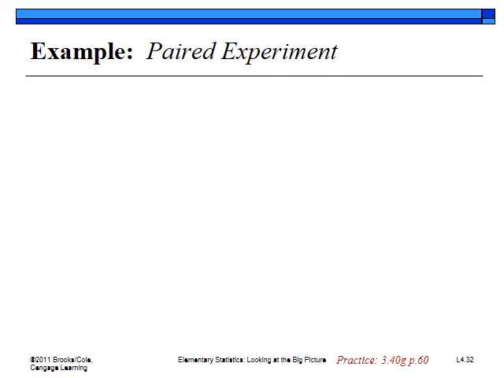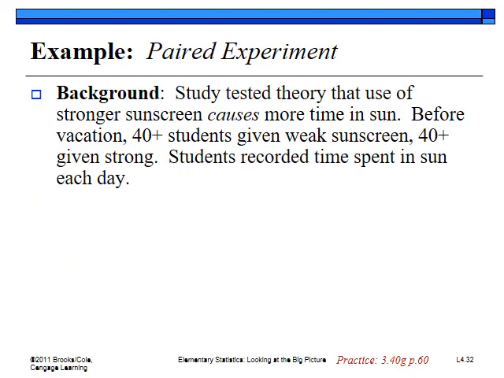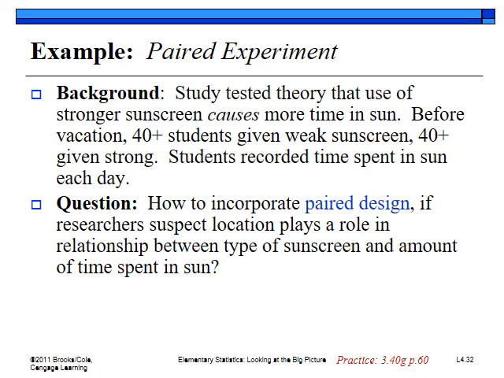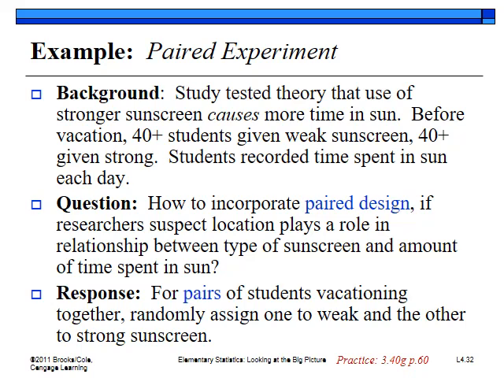Let's look at the same situation, but this time with a paired experiment. How can we incorporate a paired design into this sunscreen experiment? Well, the way to do that would be to look at pairs of students going to the same place, maybe sharing a hotel room together, and in each pair randomly assign one to weak and the other to strong sunscreen.